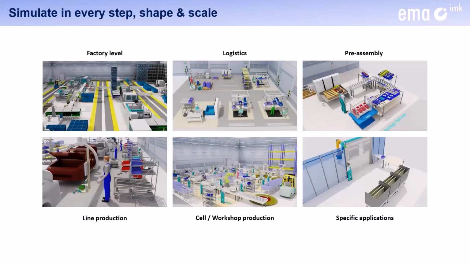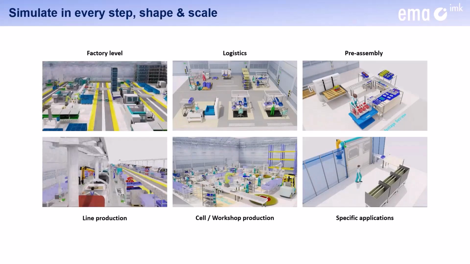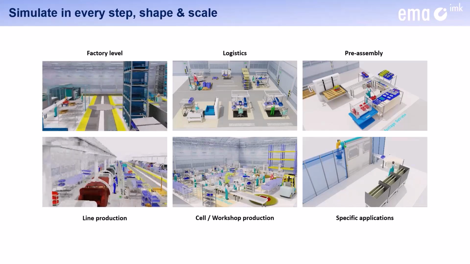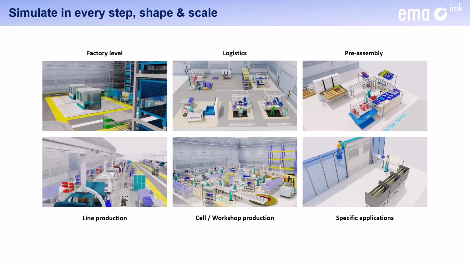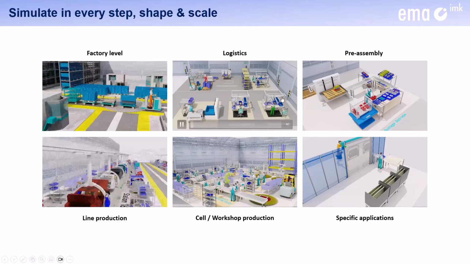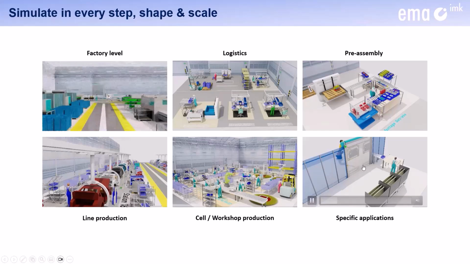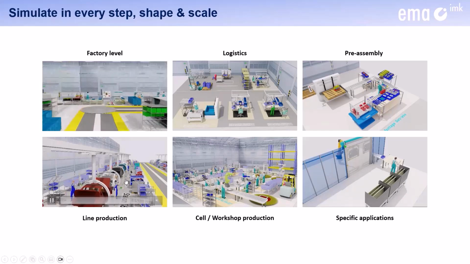And yeah, I think also it's not only focused on one digital model. You can simulate everything in different shape or scale on factory level, logistics, pre-assembly, cell workshop production, specific applications, body shop, paint shop, also line productions.